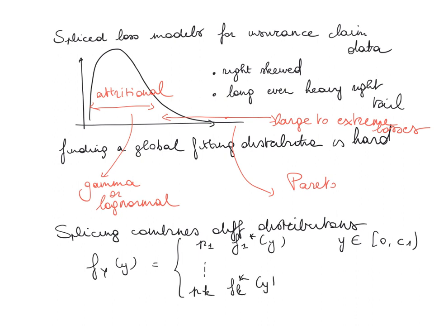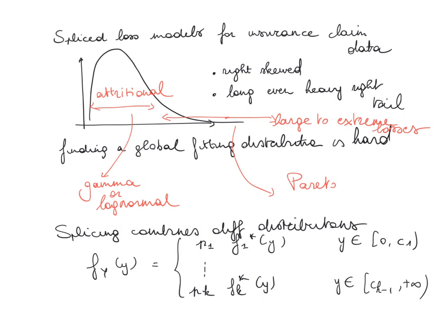So we can continue with this recipe, and the kth component in our spliced distribution then gets a weight pk and is using the PDF fk star for losses Y that take values in the interval, say from c_{k-1} to plus infinity, right?